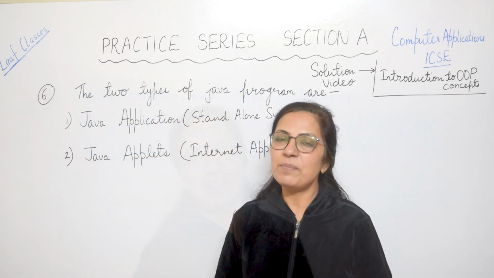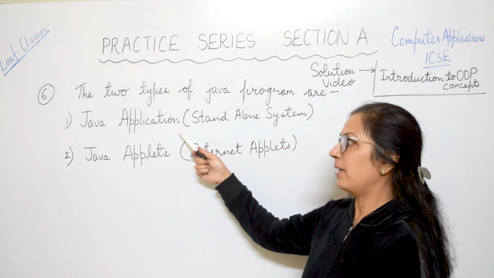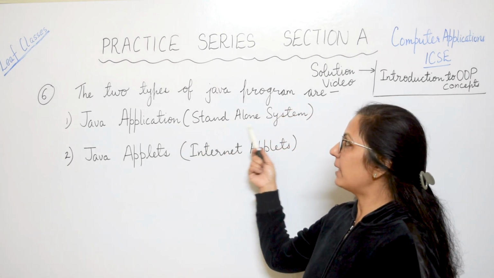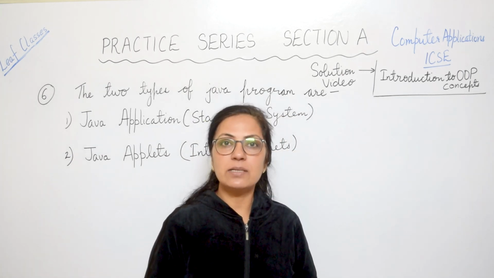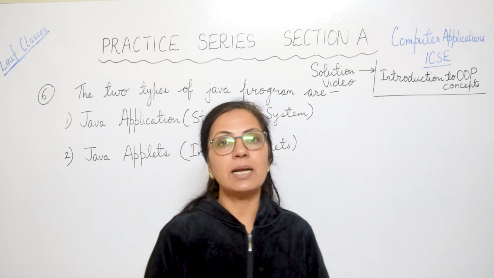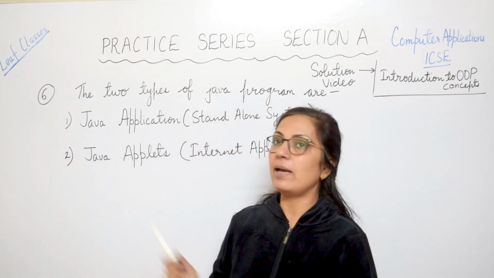Okay. Question number 6 is to give two types of Java programs, and here I have written. First is Java application, which is used for a standalone system. So it can be executed on the system at client or server level. And the second type is Java applets.